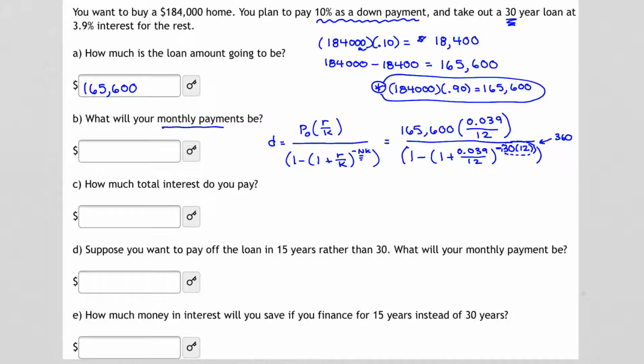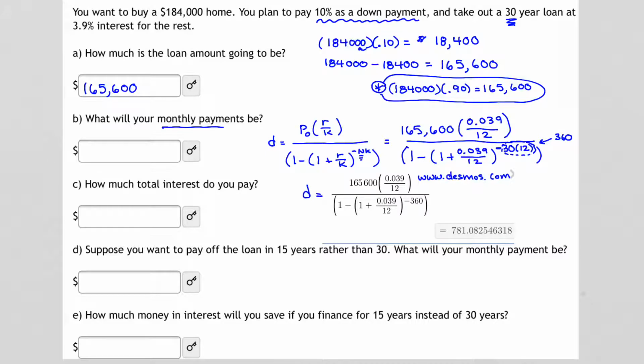So I can also substitute and put just negative 360 right here. That's the thing I'm going to put into my scientific calculator, whether it be Desmos or a regular scientific calculator of your choice. But I'm going to write down that I like to use Desmos, so I'm going to evaluate this at www.desmos.com and see what I come up with. I get that our monthly payments are $165,600 times 0.039 over 12 divided by 1 minus the quantity 1 plus 0.039 divided by 12 raised to the negative 360.